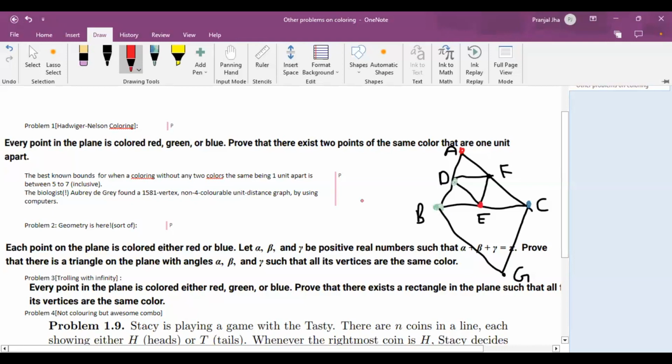Because using any line, we can find a triangle which would give us that. If this were X and this were Y, then you can still find a Z which would have this thing, like A to B and C. Is this clear? Yep, I see.